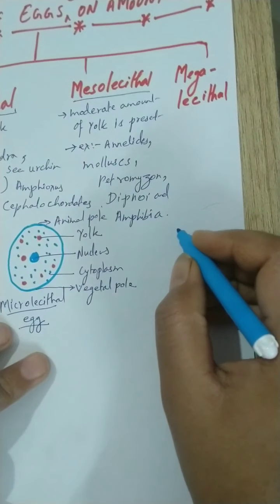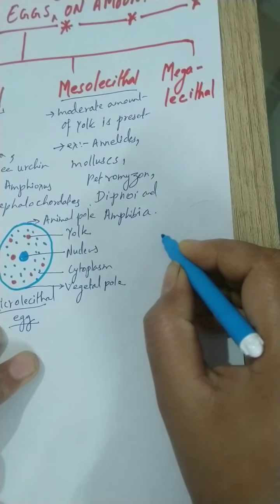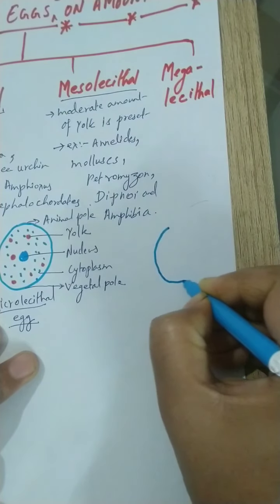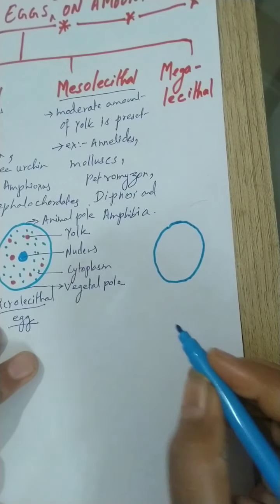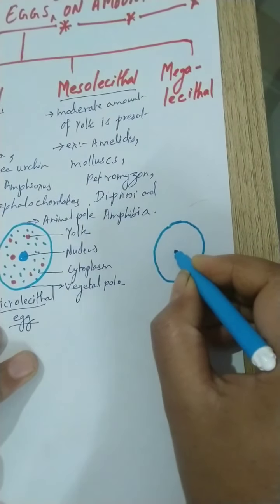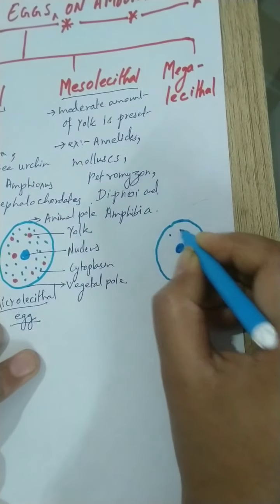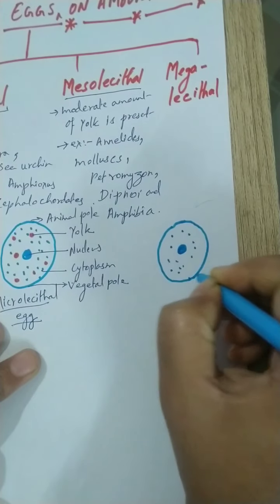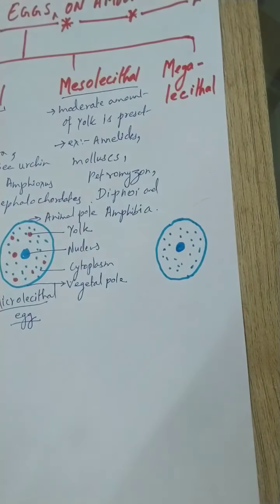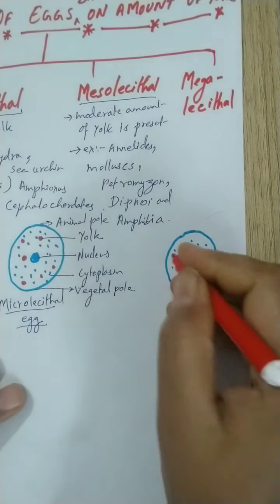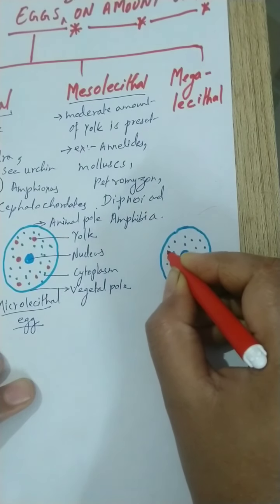Now we are going to make the diagram of mesolecithal, meaning a moderate amount of yolk is present in this type of egg. This is the egg. This is the cytoplasm, and here a moderate amount of yolk is present.